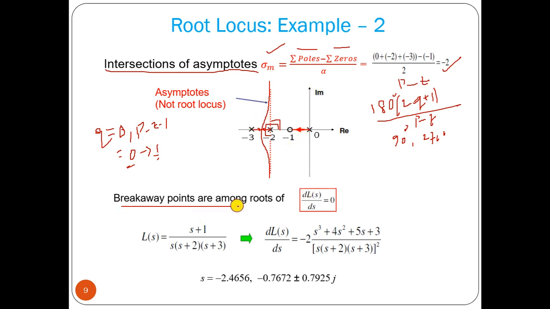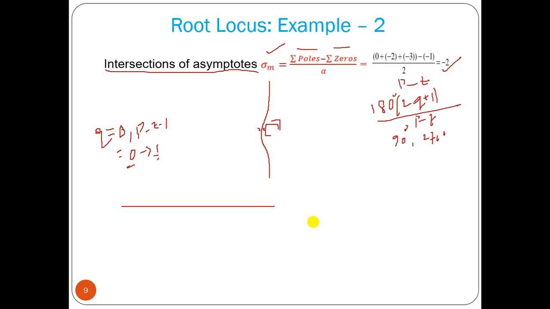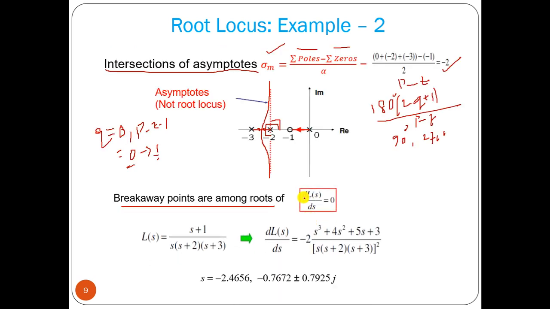So we have to find the breakaway points now. That is, we have to perform dL(s)/ds. In this equation we don't have the k term. Okay, k is there, but L(s) alone is given, so we don't have to find k. We can perform dL(s)/ds equal to 0 and find the value of s.